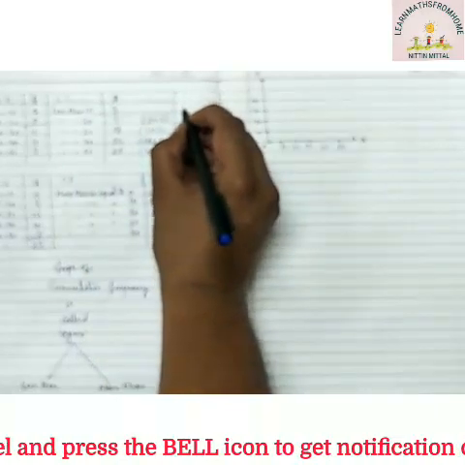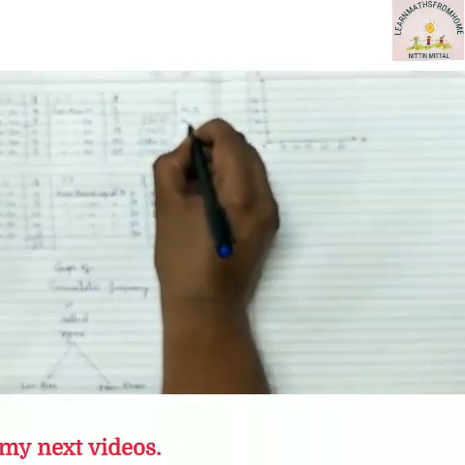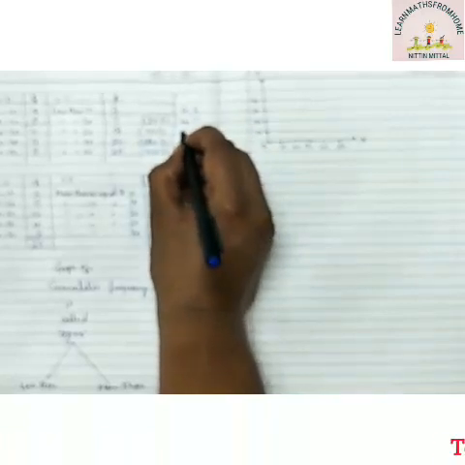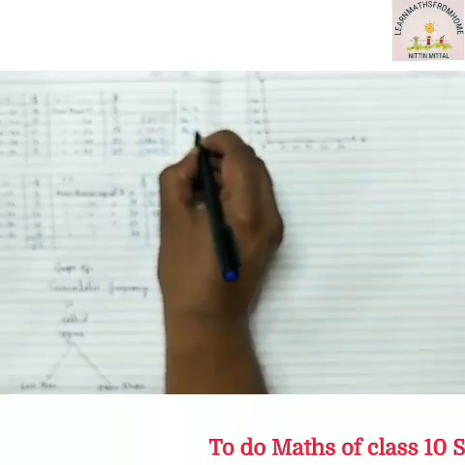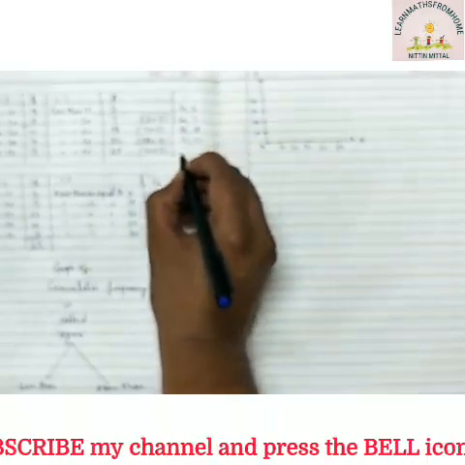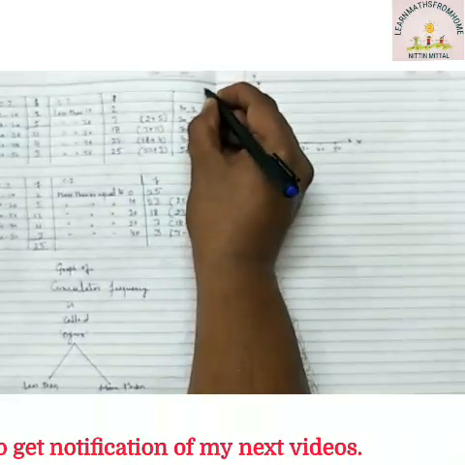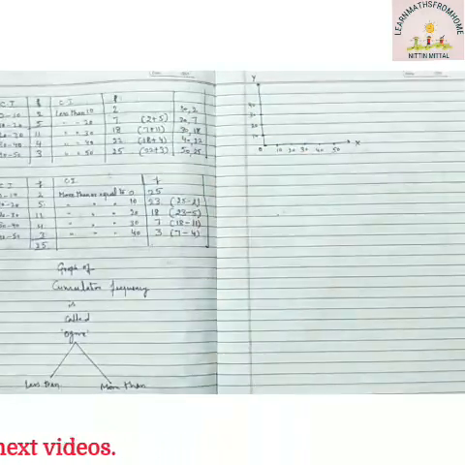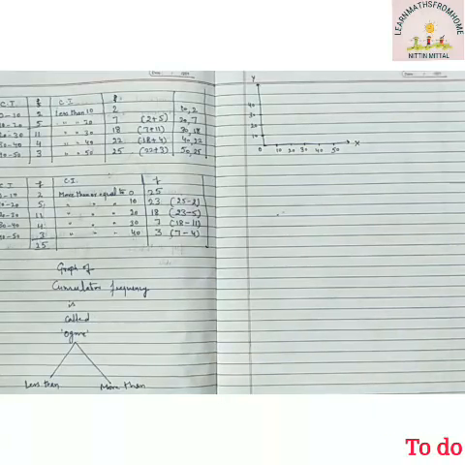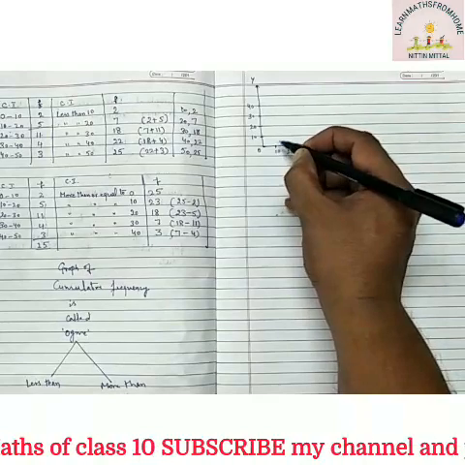So first coordinate point will be 10, 2. The next will be 20, 7. Next 30, 18. After this 40, 22 and 50, 25. So these will be the coordinate points on the graph. So let me represent 10, 2. So x value is abscissa is 10, ordinate is 2.